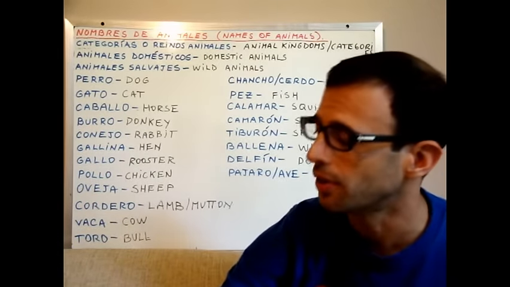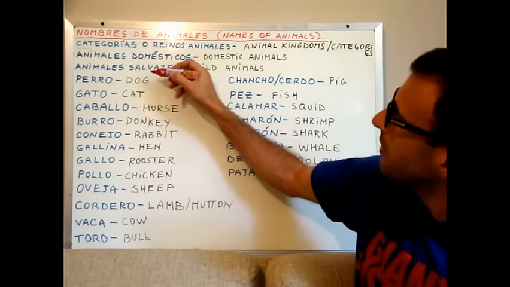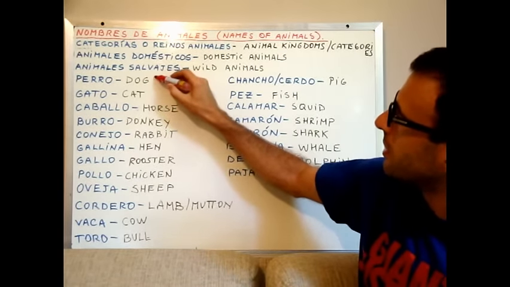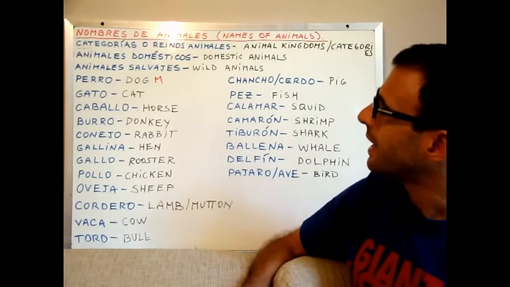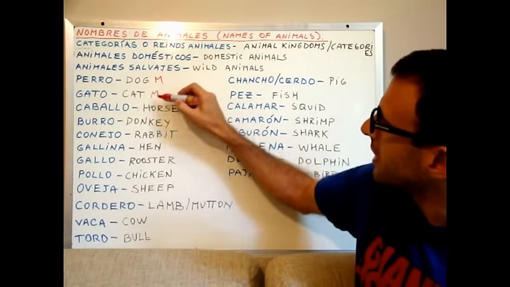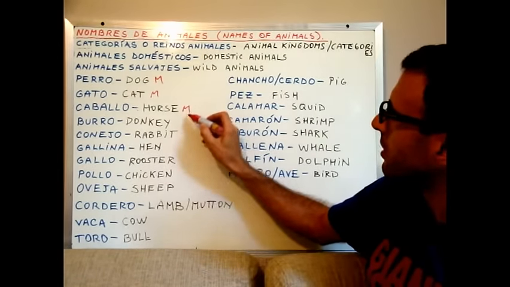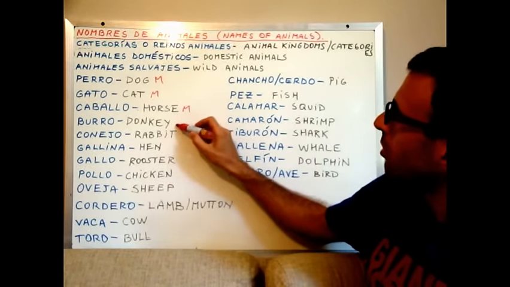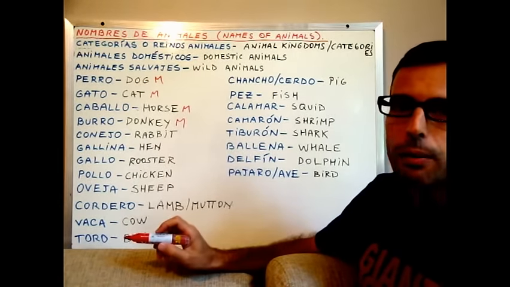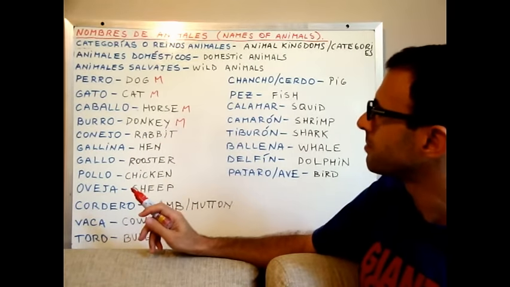Let's mark the articles. Perro is masculine. It's el perro. Gato is masculine. It's el gato. Caballo is masculine. El caballo. Burro is also masculine. It's el burro. Burro is donkey, right?